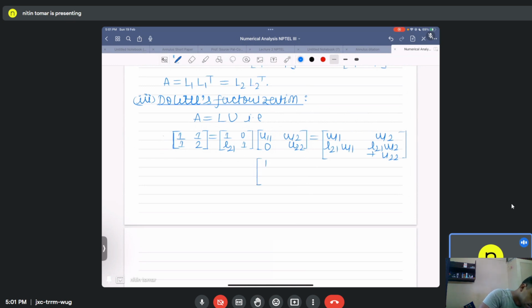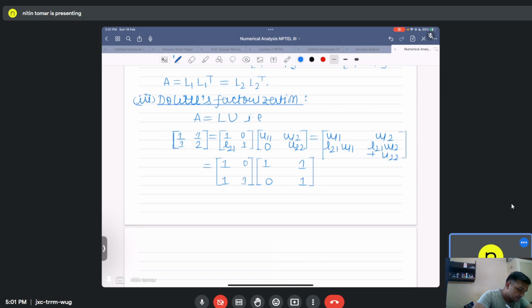U11 will be 1, U12 is 1, so here you will have 0. If you compare, L21 is 1 and U22 is 1, right? This is the same as the Cholesky's factorization, right? Yes.